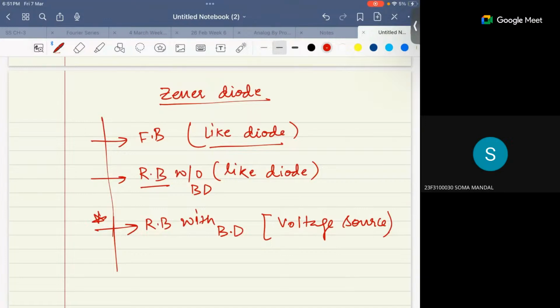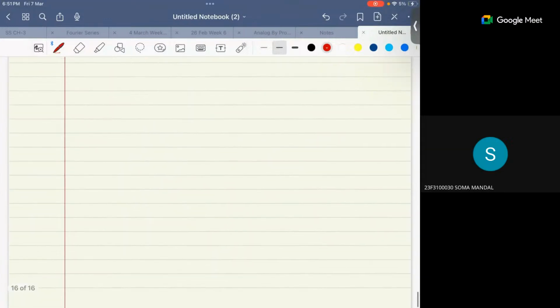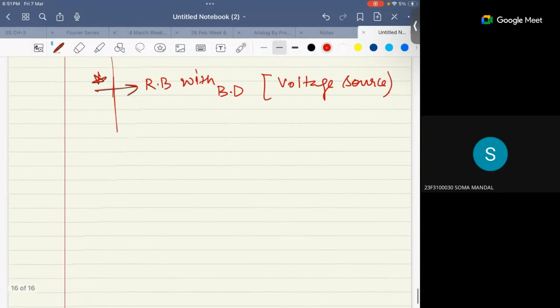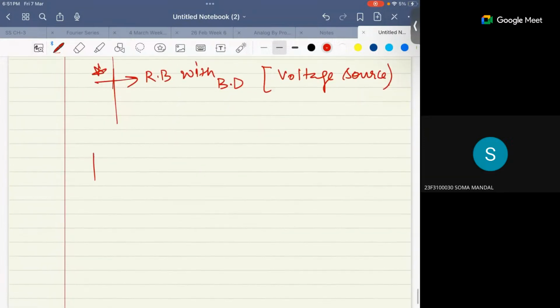Is it clear? Let's say you have a Zener diode. Generally this is P and this is N, the normal Zener diode.